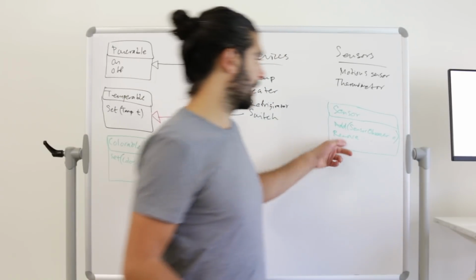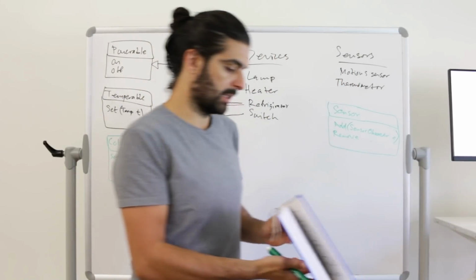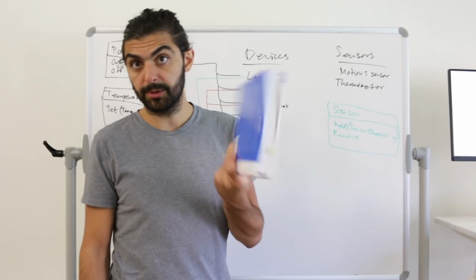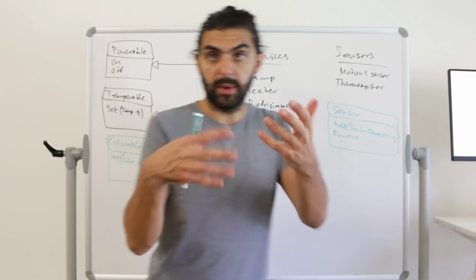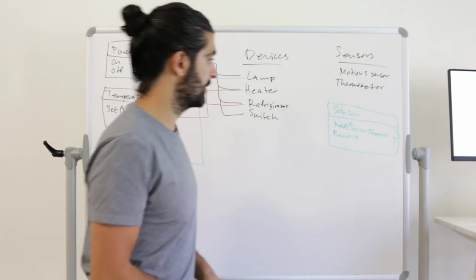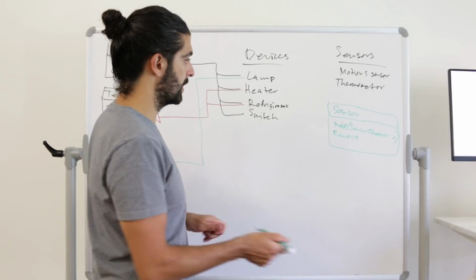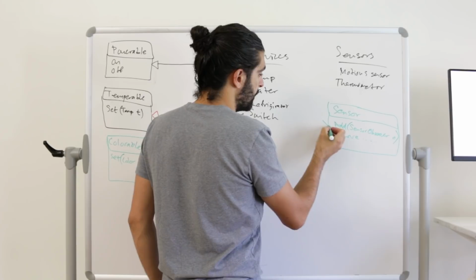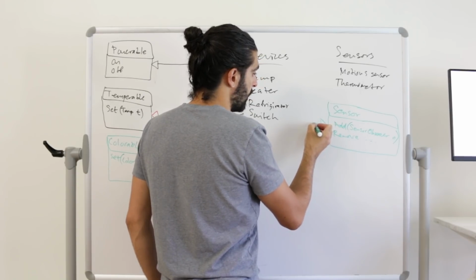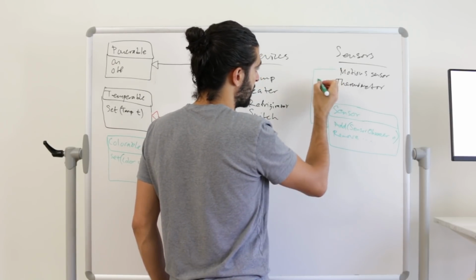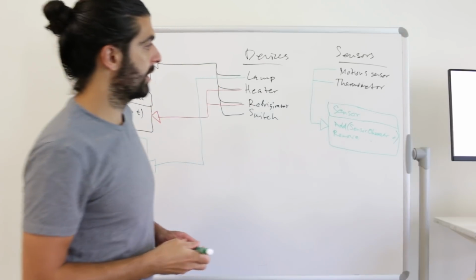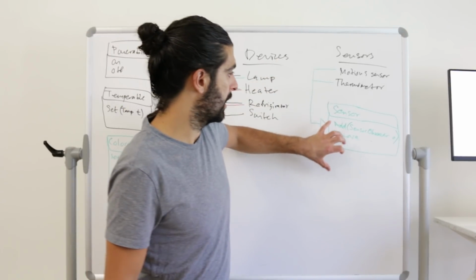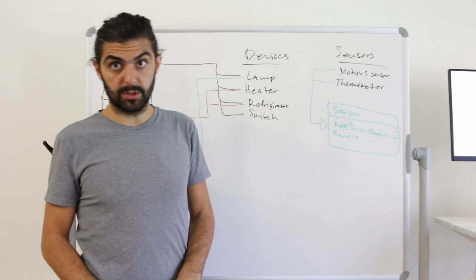So now we're thinking about this. This would be the observer from the design patterns books, right? The sensor here is observable, and then these would be concrete observers. So we say motion sensor and thermometer are both observable, so you can observe them.